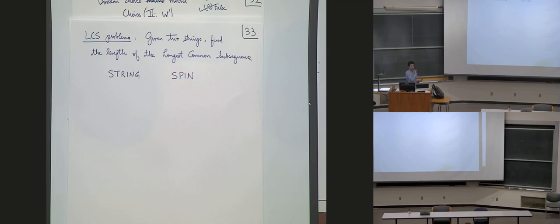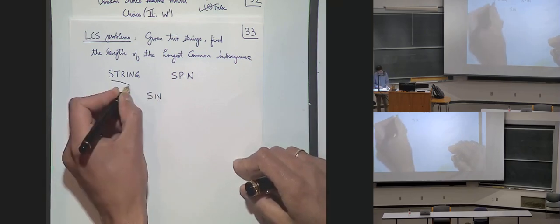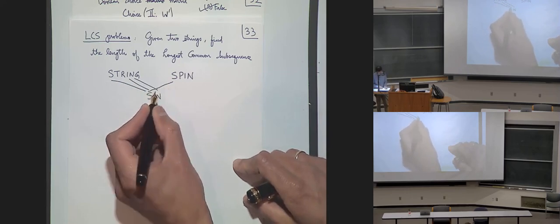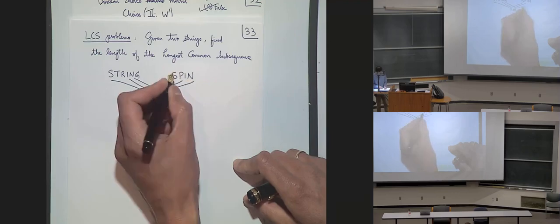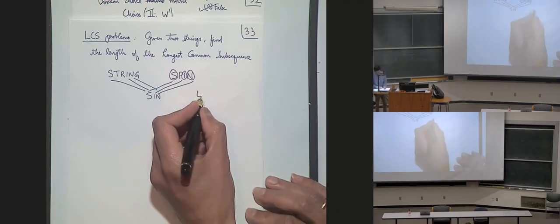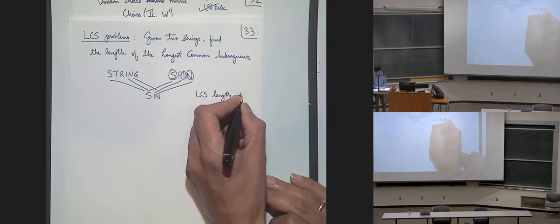Sin. But sn is also a valid one, so is in. But in this case, sin works because I could take these three that way. And so the LCS length is equal to 3.